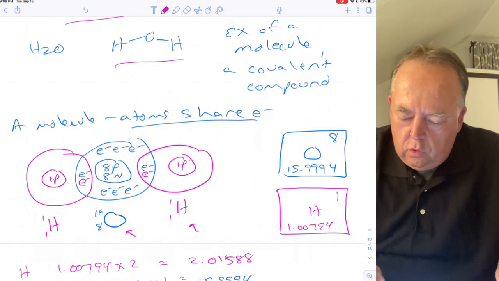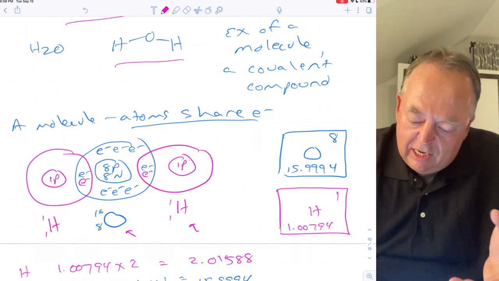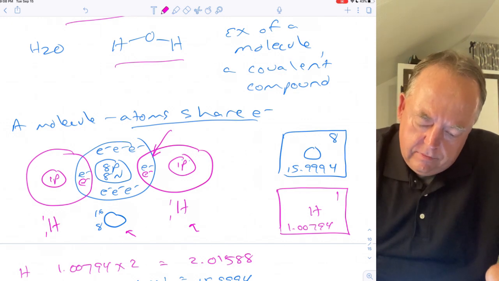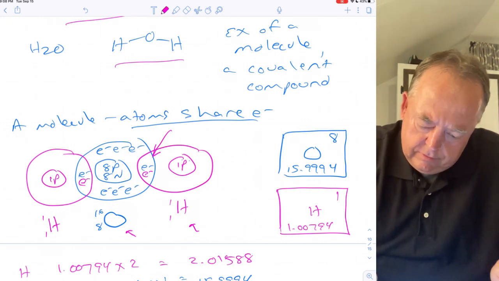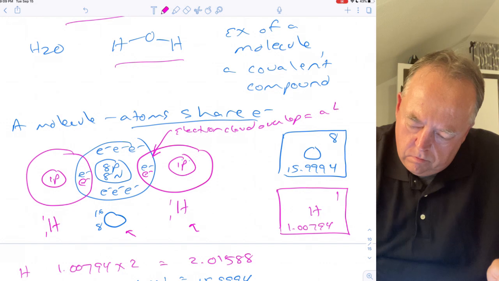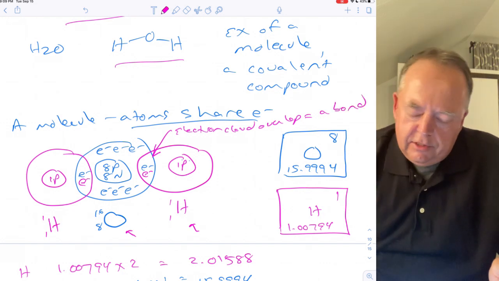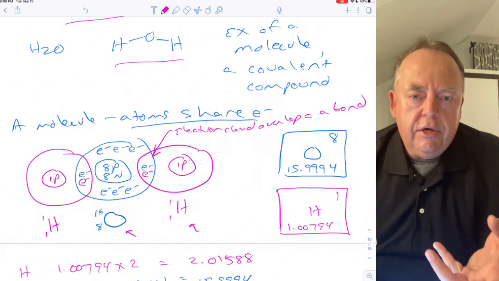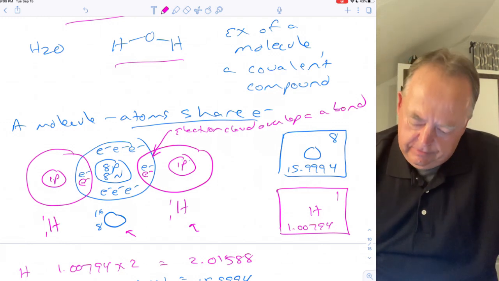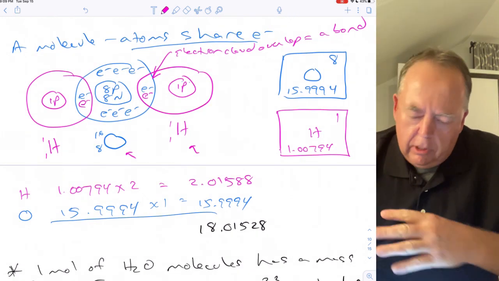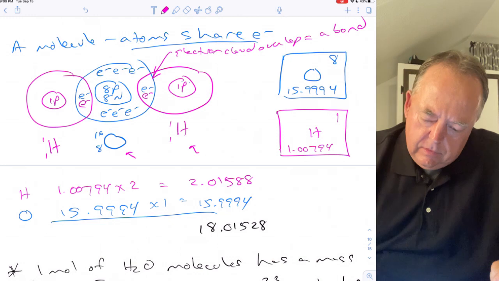And I'm just showing you their orbitals overlapping, the electron cloud overlapping, right, to make a bond. Right, so that's a bond. So if atoms' electron clouds are overlapping and they're sharing electrons, then it's a molecule. It's a molecular compound. Okay, but we'll talk about that in much more detail a few chapters from now.